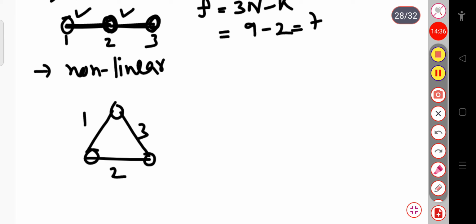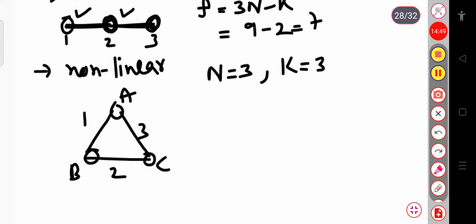There are total 3 particles and total 3 constraints. Constraints means the restriction. Suppose this is A particle, B particle and C particle. The A particle and the B particle distance is fixed. Similarly, B with respect to C is fixed and A with respect to C is fixed. So the constraint is k equal to 3.